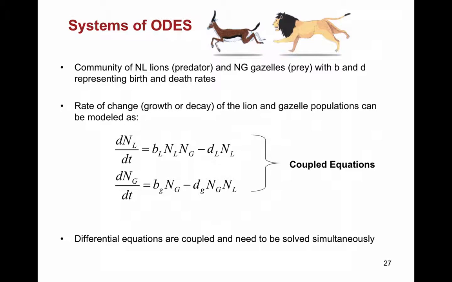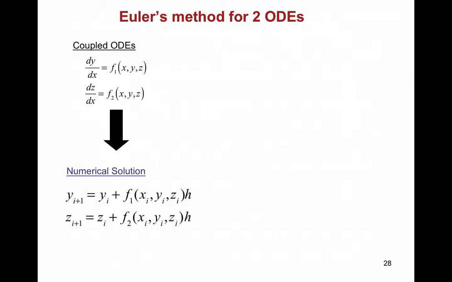So you could have a function whose derivative or change depends both on that function, the variable that you're looking at, for instance time, and that other function that you have to solve for simultaneously. And we can solve these equations as well using similar methods.